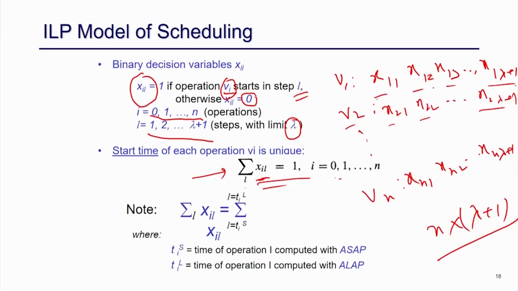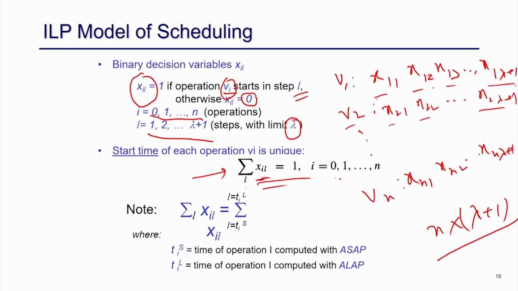The lifespan, the mobility, is from the time step where the ASAP schedule is to where the ALAP schedule is, right. So now you can say I do not need to consider all the other variables, obviously they will be 0. Only the variables between the time steps TIS to TIL, which is the time where the operation is ASAP scheduled and ALAP scheduled, can be 1.